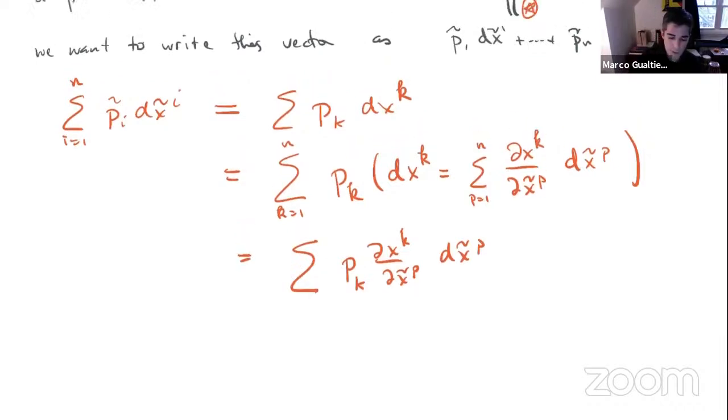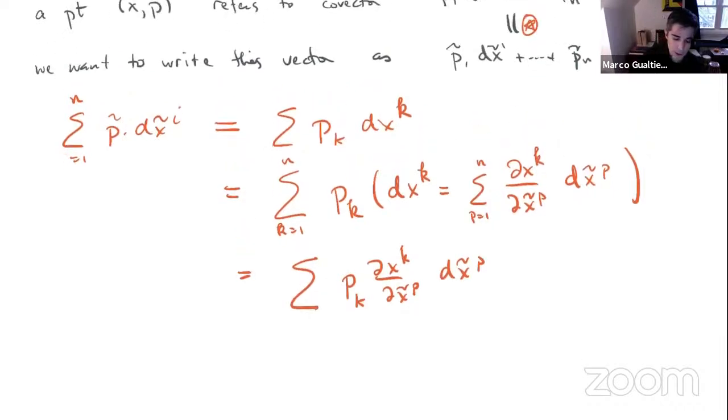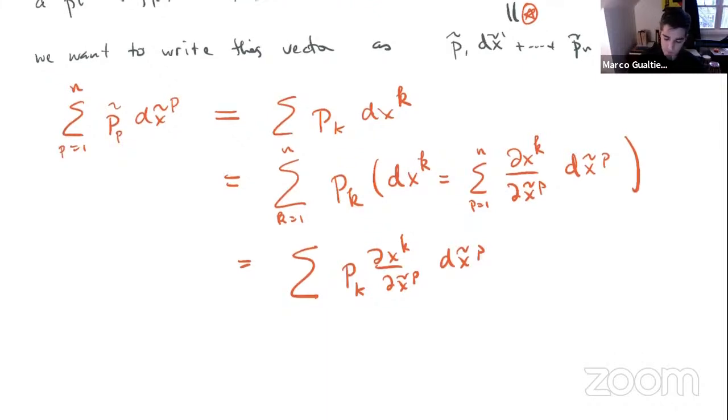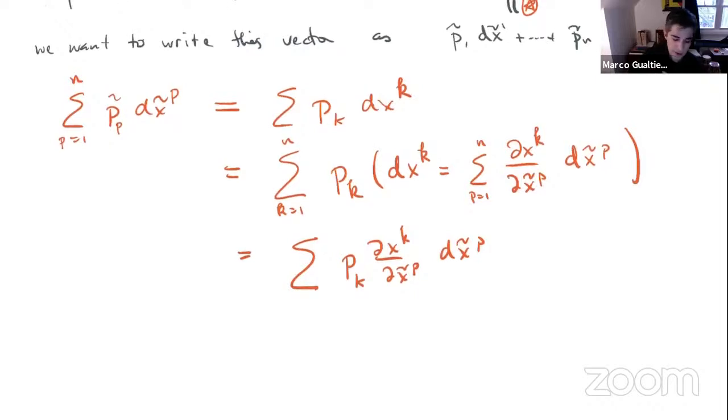So maybe just to simplify notation, I could have used p out here. Sorry, just in case that is confusing, let me use n, and here n.